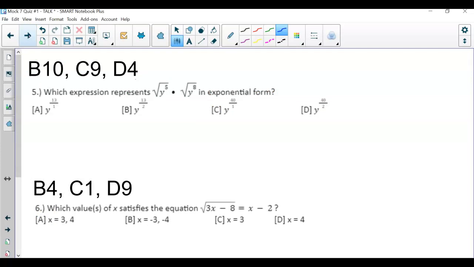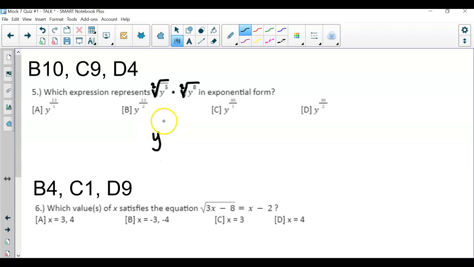Now look at question number 5. Notice your answer choices. We are needing the exponent. So I'm going to rewrite each of these in exponential form. Remember, a square root has an understood index of 2.